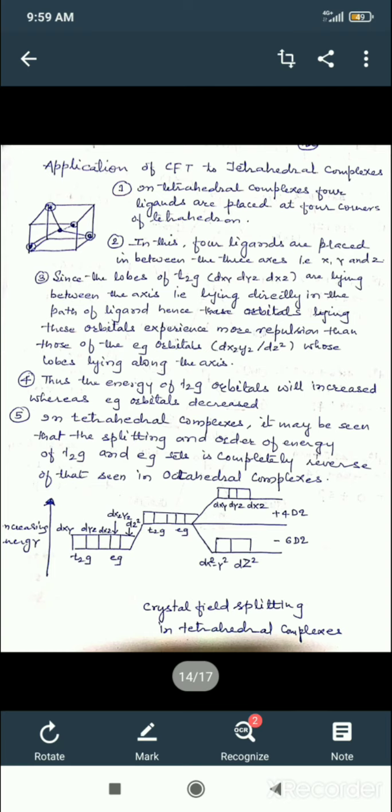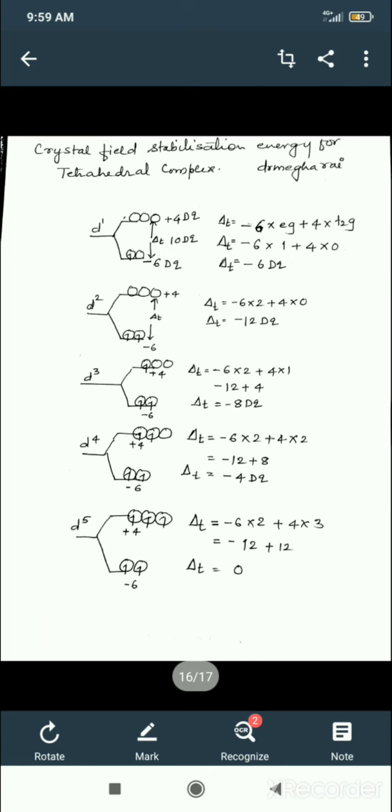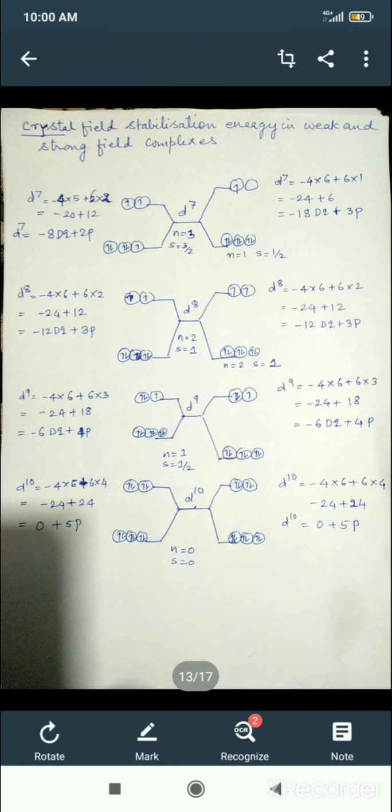This is all about the application of crystal field theory to tetrahedral complexes. Before moving to the applications, you must remember that in this case we have only one type of system, that is only high spin complexes, with weak ligands. In the octahedral system we had two types, strong field and weak field.